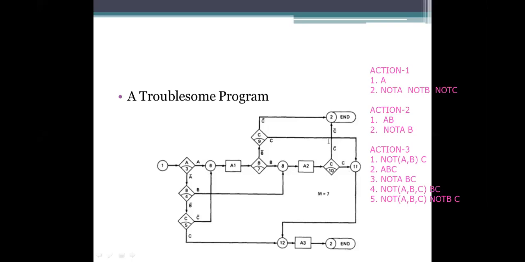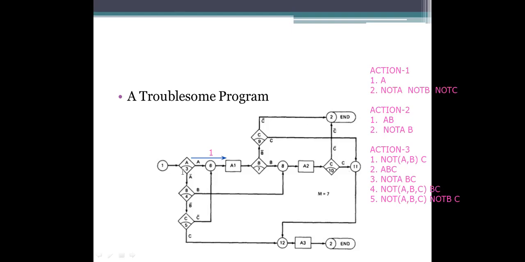Okay. So first, action 1. Action 1 means this one. Okay. Entitle this as 1. What is the second one?